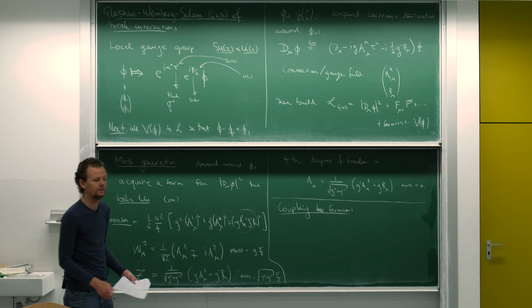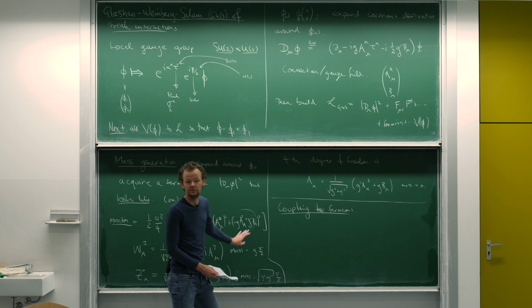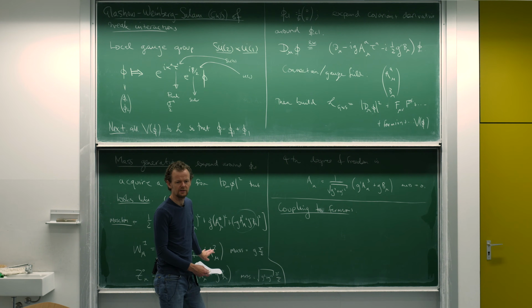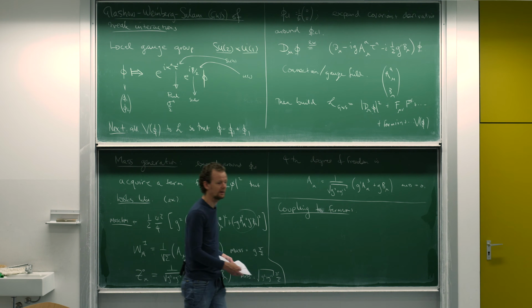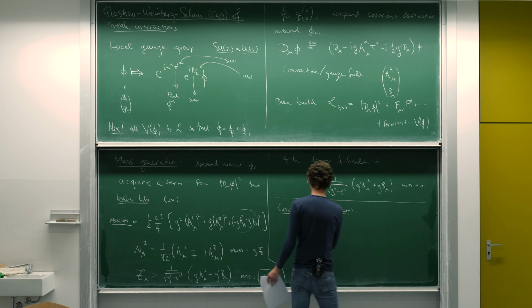The left-handed and right-handed fields in the Dirac equation get coupled in a different way to these boson fields, which is, at first sight, impossible. But I'll just say a couple of words on how that can happen.